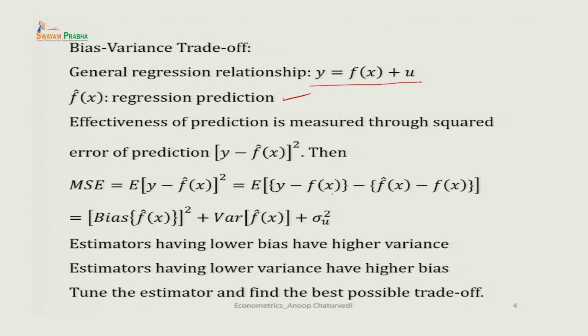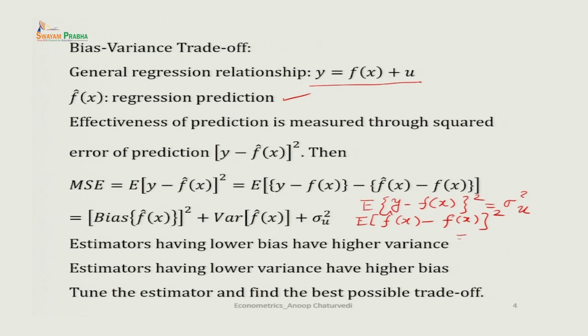Actually, you have two parts. The first part gives you (y minus f(x)) whole square, and this is equal to sigma square u. Then you have this other part, which is the mean squared error of f hat(x).